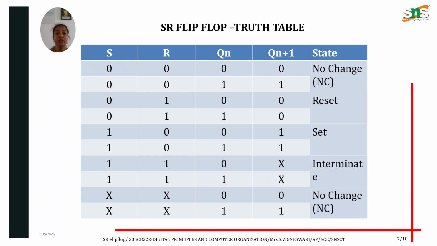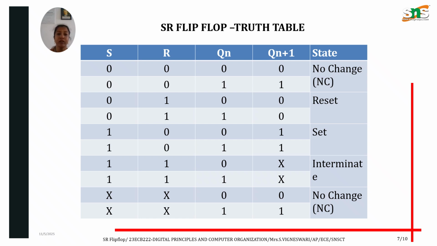So Qn denotes the previous state and Qn plus 1 denotes the next state. Under the 0 0 condition, whatever value is in the previous state is retained in the present state, and hence it is no change. When Qn is 0, the next state is also 0. When Qn is 1, the next state is also 1. So this is the no change condition when S is equal to 0 and R is equal to 0.